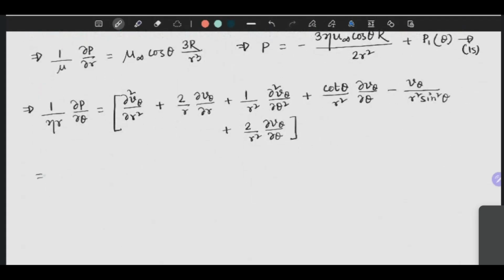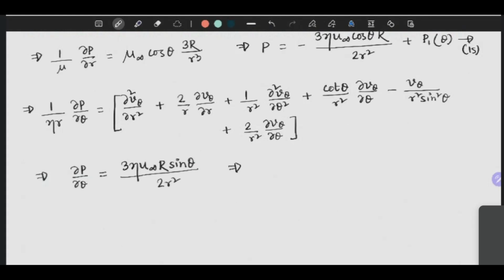So by doing all these calculations, you will get del p del theta is equal to 3 eta u infinity by 2 r square. U infinity is the velocity far away from the spherical surface.